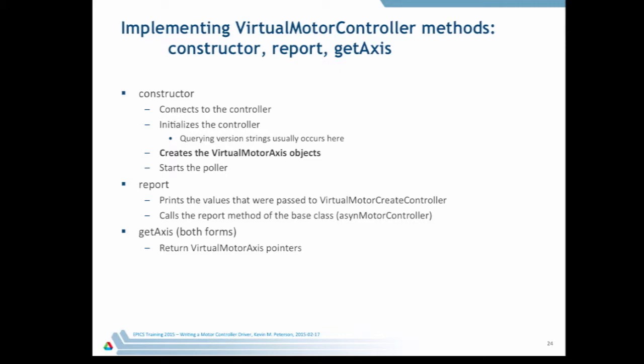A great example of this is the XPS controller. The XPS axis constructor needs the name of the axis, the string that you find in the controller's configuration itself, and also the number of steps per unit, because the controller communicates in engineering units, and the driver doesn't know what the MRES is.